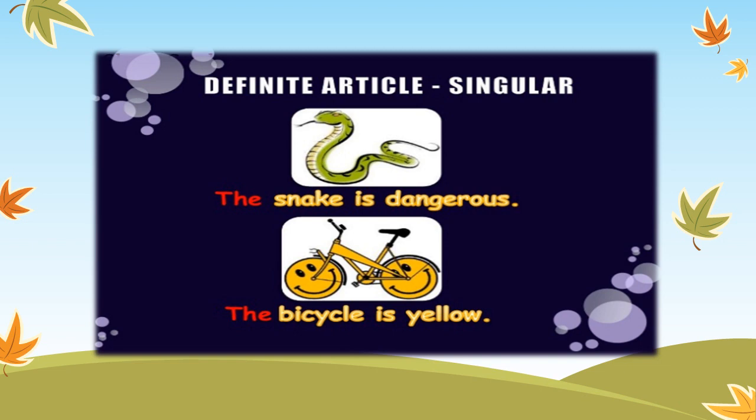Definite article can be used with singular words or plural words. The snake is dangerous. The bicycle is yellow. Here, the words snake, bicycle are singular, but we have used the here.